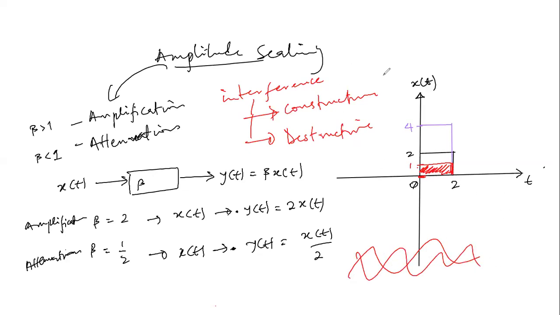If it is constructive, then their amplitude or signal power adds up. But if it's destructive, it means they cancel out. So somewhere around here, they cancel out. At this point, it's a 0 zone, right? There's nothing, you can't really get any signal in here.